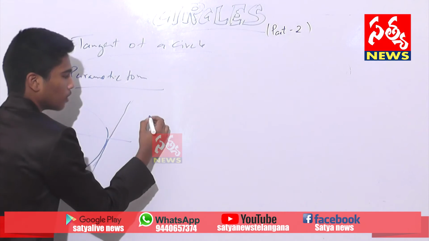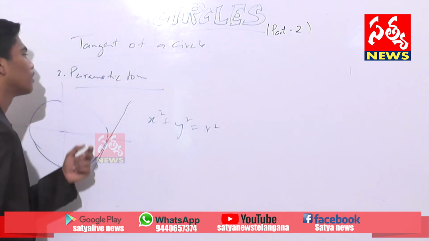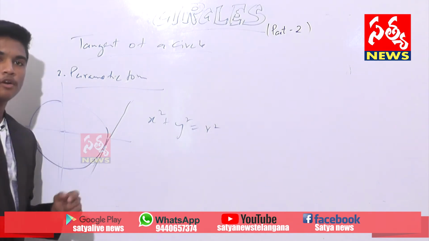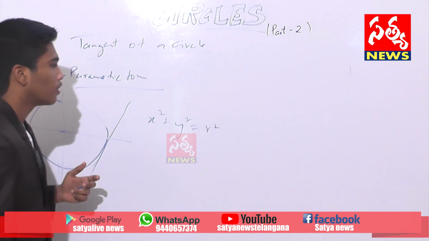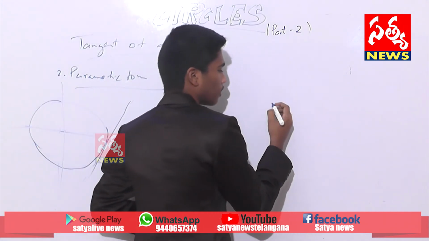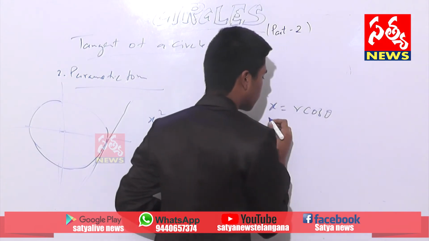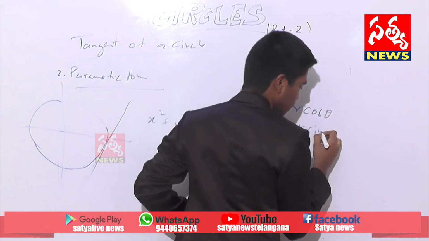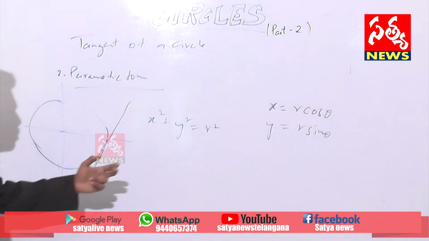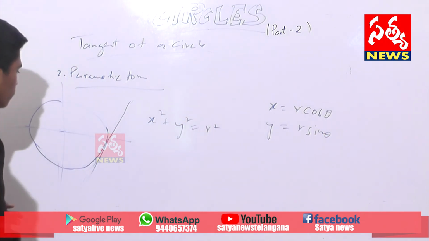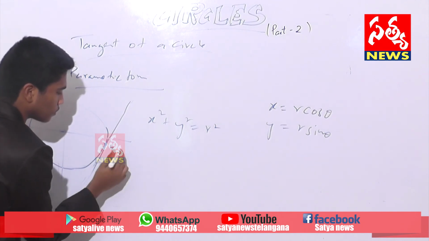Now let's take the circle equation as x square plus y square is equal to r square. In the first video of circles, we have discussed the parametric form of a circle, in which I have said that x can be written as r cos theta and y can be written as r sin theta, right? Okay. So I am using that property here, and let's take this point as x1 and y1.